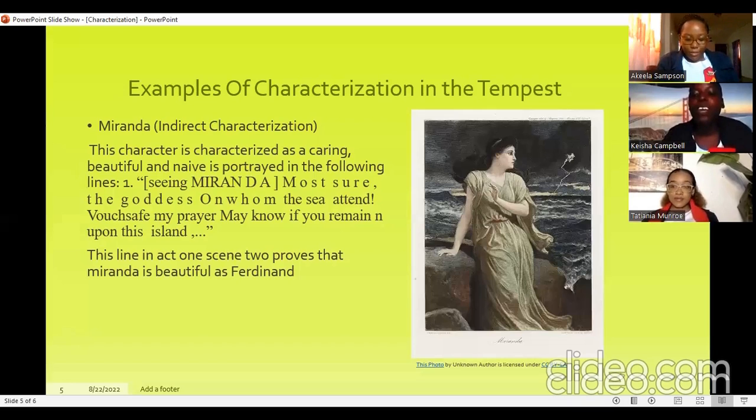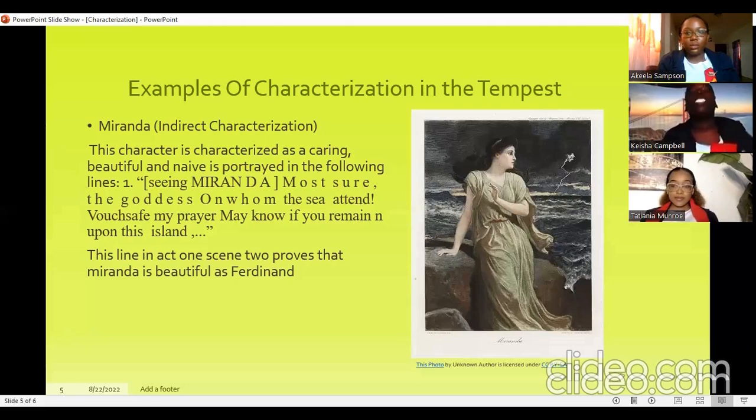So a quick recap of what we did in today's class. We learned about characterization. Can anybody tell me what characterization is? Thank you, Paul. So we know that characterization is a physical trait, personality, or point of view shown through an action or in a play. We also learned about the different types of characterization.